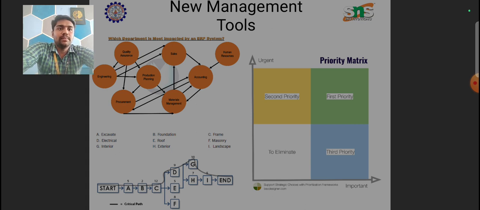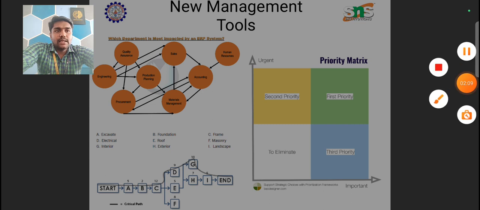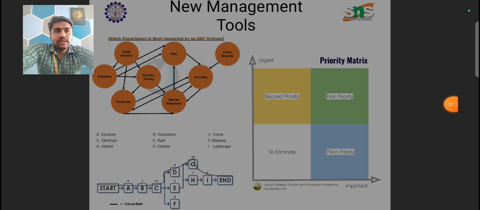The third one is the third priority, based on the importance of the product. The fourth one is to eliminate. If we follow this priority matrix in a sequential manner, then we can attain the customer expectation in the proper process flow. This is the work we are going to progress while deploying the total quality management tools.